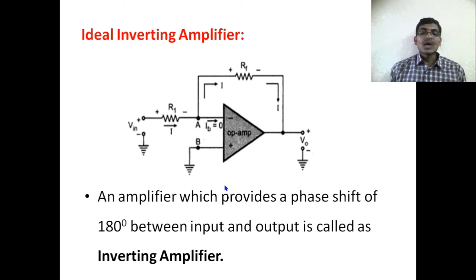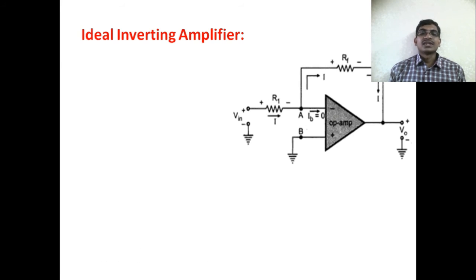An amplifier which provides a phase shift of 180 degrees between the input and output is called an inverting amplifier. This is the definition for the inverting amplifier.